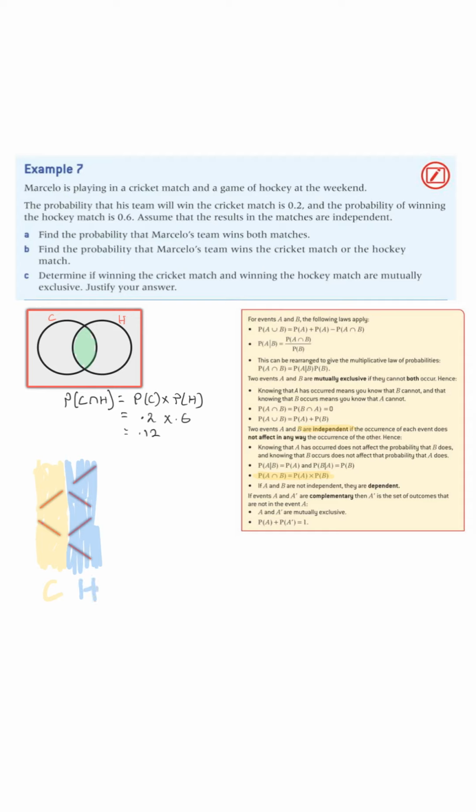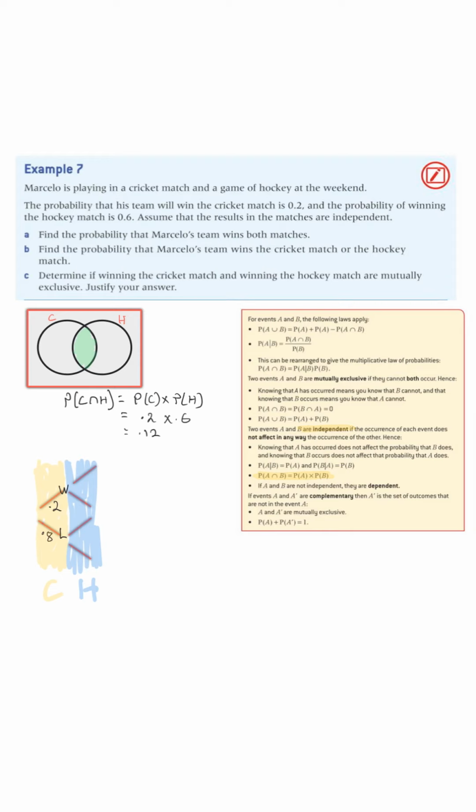So let's represent this on a tree diagram. We were told that for winning a cricket match was 0.2, so we can write 0.2 there. Well, if winning is a 0.2, then losing is going to be a 0.8, for the cricket match.